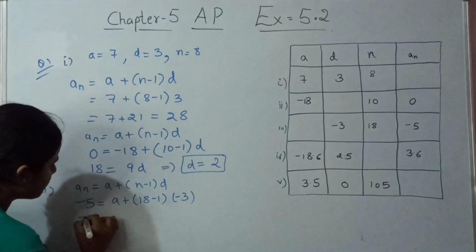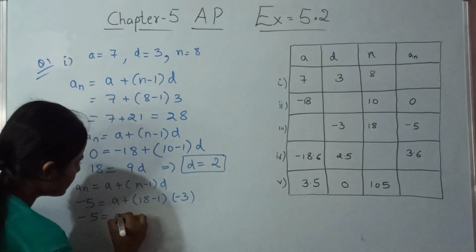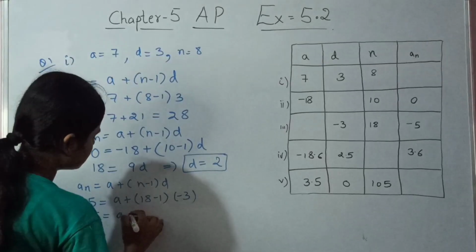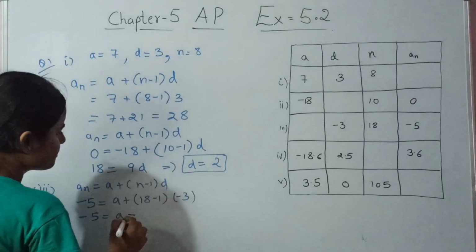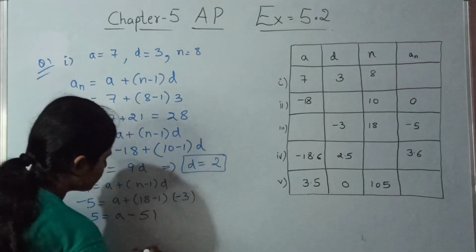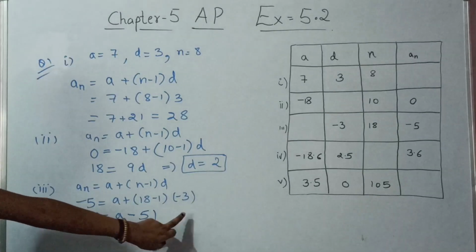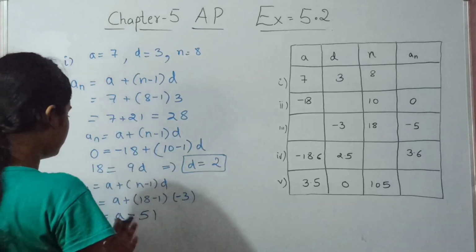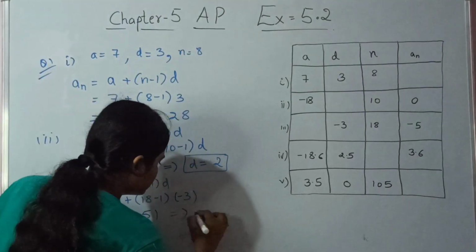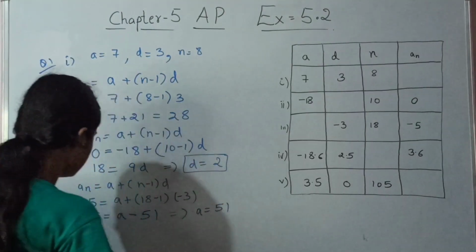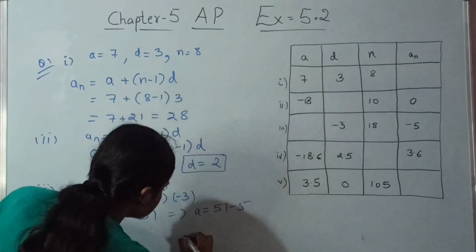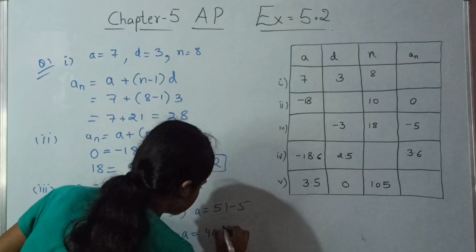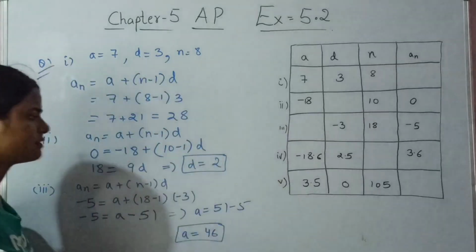So minus 5 equals A plus 17, and 17 3s are 51, and this plus minus is minus. Now take this here. So A equals 51 minus 5. So what is the final value of A? 46. The value of A is 46.